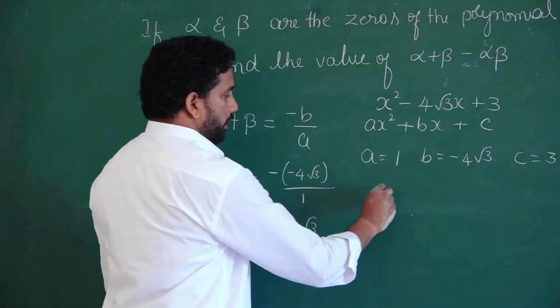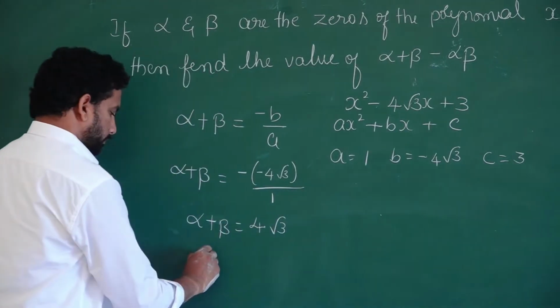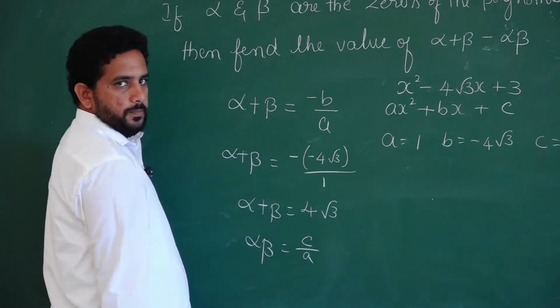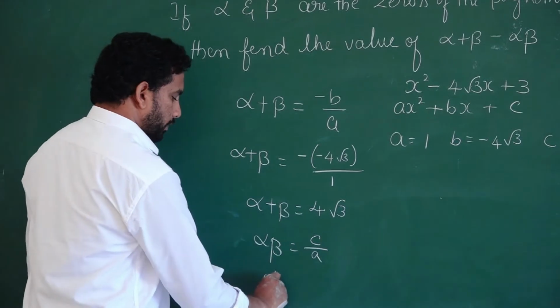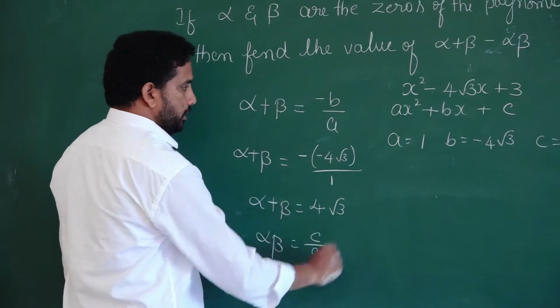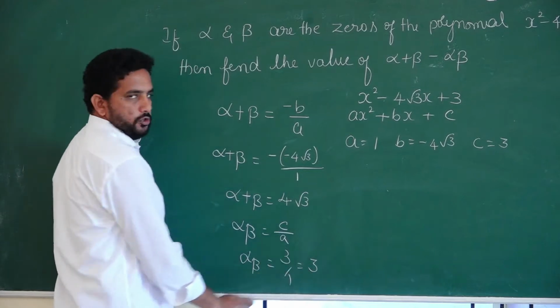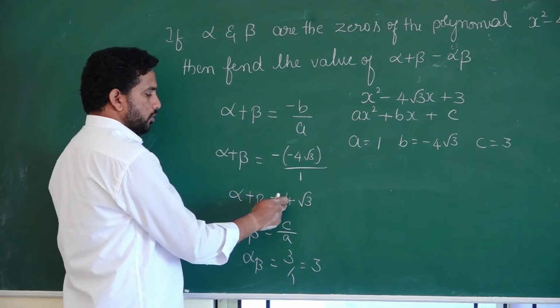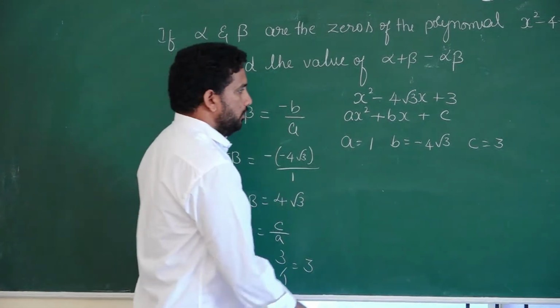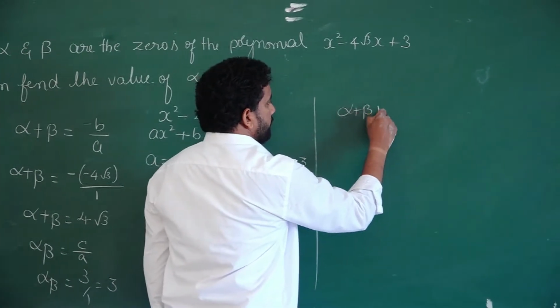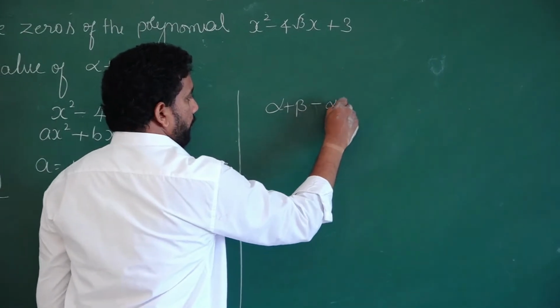Like that we get alpha beta is equal to c by a. Here alpha beta is equal to, the c value is 3 by 1, we get 3. Here alpha beta is equal to 3 and alpha plus beta is equal to 4 root 3. So then we need to find out alpha plus beta minus alpha beta.